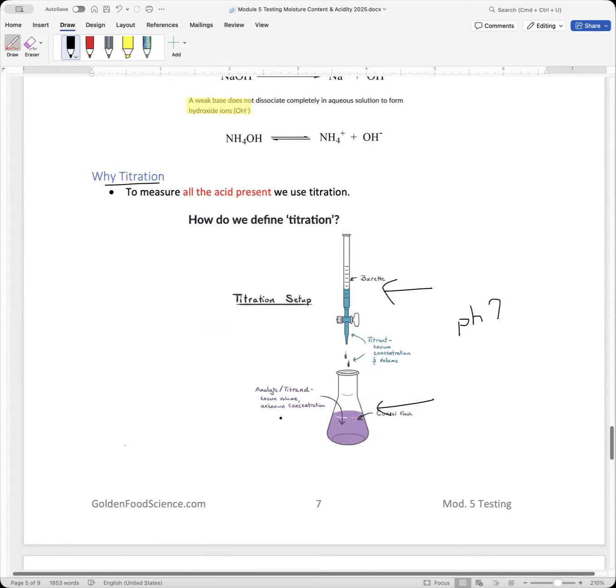Usually we use phenolphthalein, which turns purple at a pH of 7. But a better way is to put your pH meter in there and read it. It's more accurate. That's titration. Titration will give you the total amount of acid, which is a better test for how sour your food is.